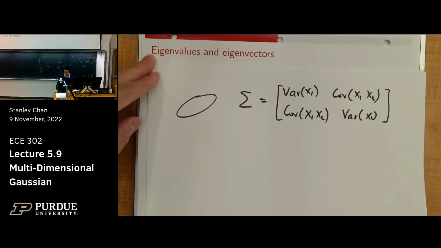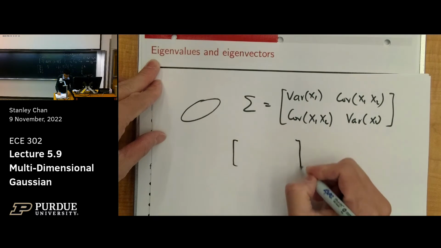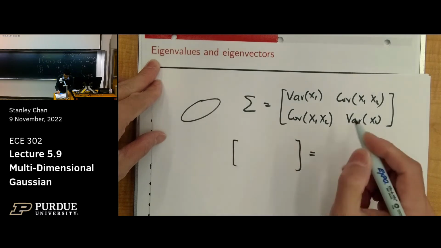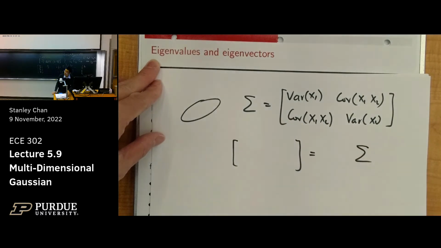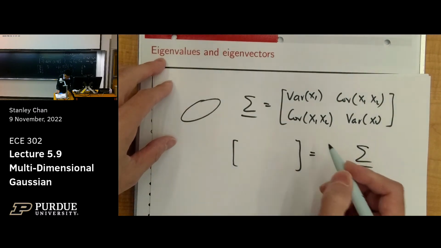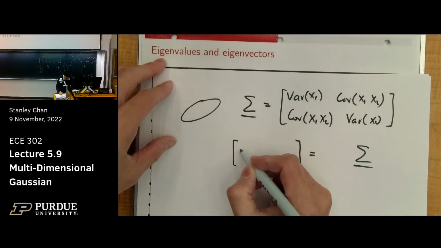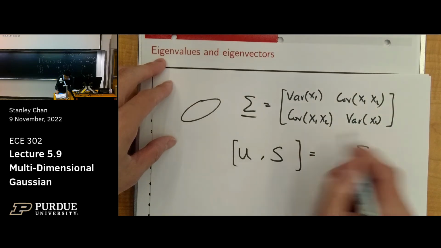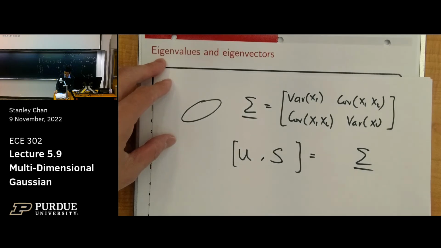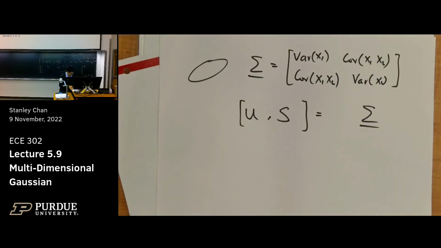To summarize, Eigen Decomposition is a decomposition of a matrix. You start with a sigma, a 2 by 2 matrix. You are going to decompose it into matrices U and S. Let me make sure I have the transpose in the right place.